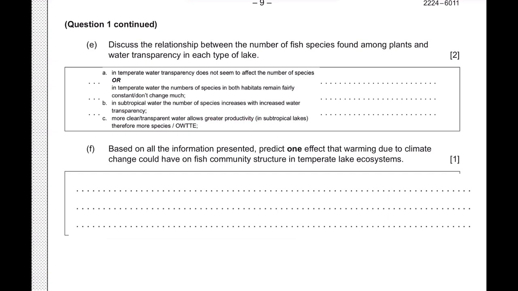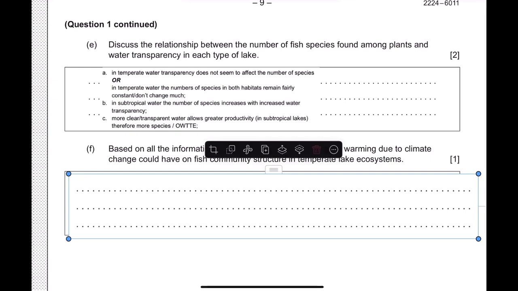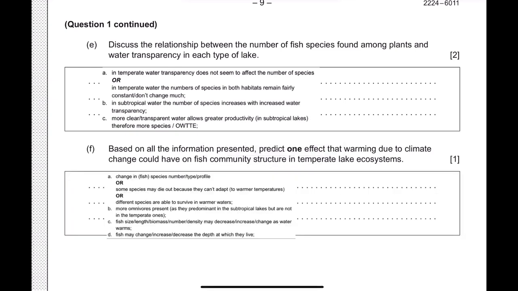Is it clear? Now, based on all the information, predict one effect of global warming. This is only 1 mark. Many points will be accepted here because we are talking about global warming. So change in fish species number, some species will survive, some will die, new species might be able to survive more.